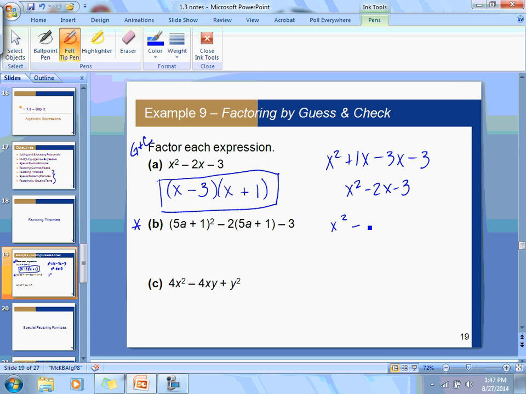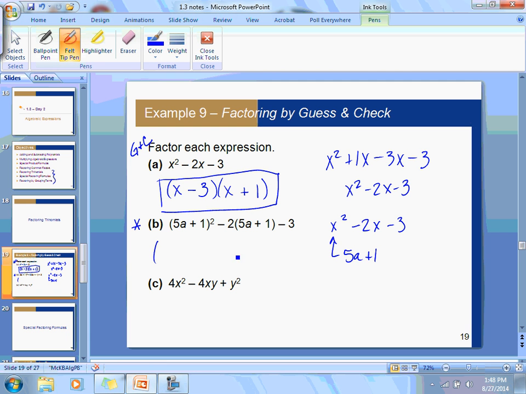So that's kind of like minus 2x minus 3. So essentially it's the same as what we had in problem A, except instead of an x, we have a 5a plus 1. So it doesn't matter what is in those parentheses or what is in the x place, we're still going to factor like we did before.